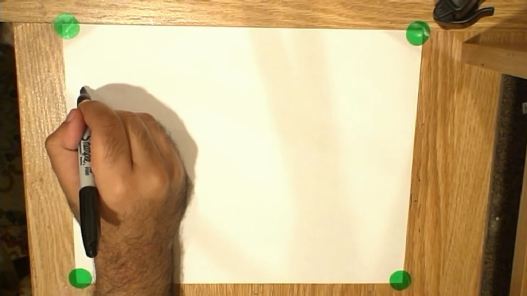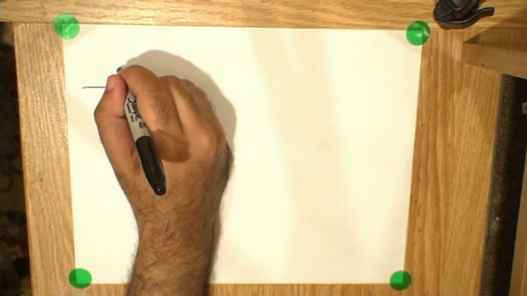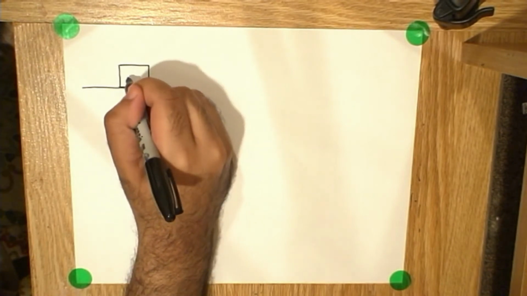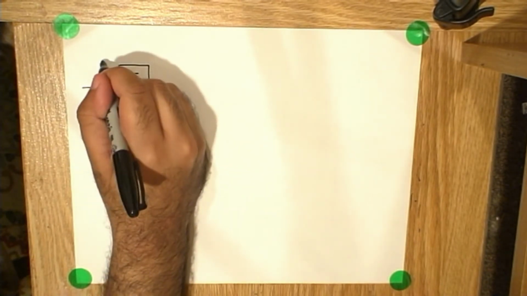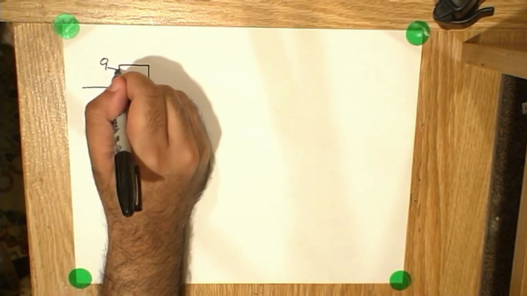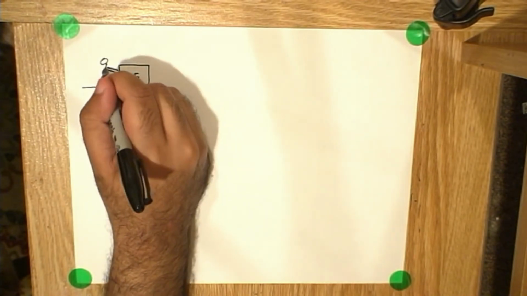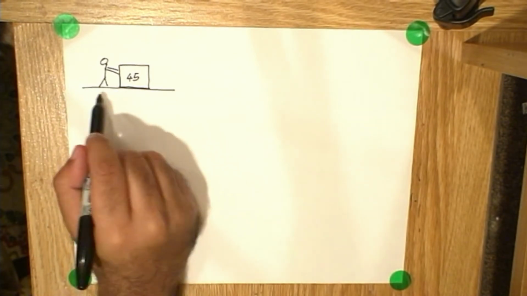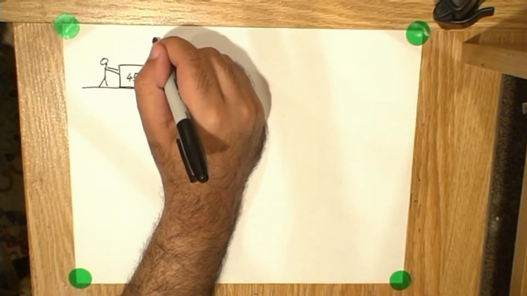In this question, we have a person who is pushing on a 45 kilogram ice block. They are pushing downwards and to the right. This is an icy surface that they are walking on.